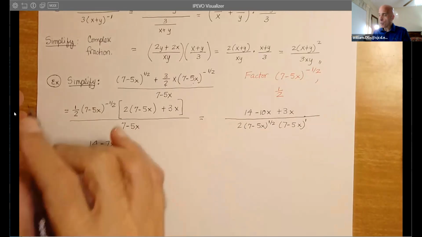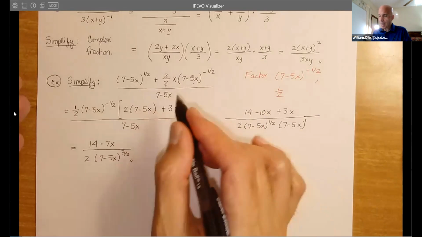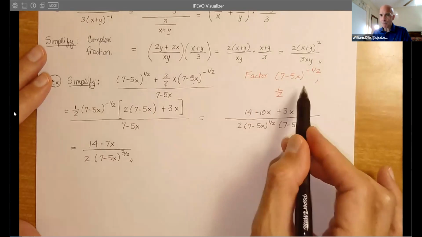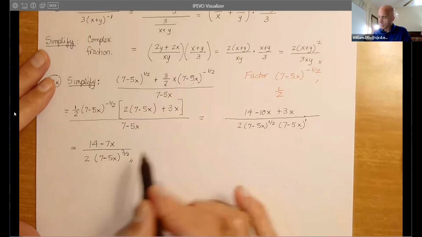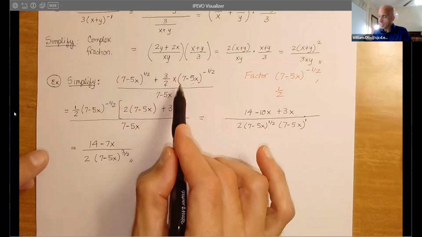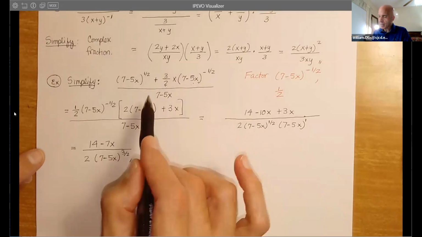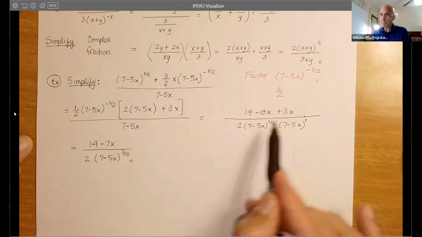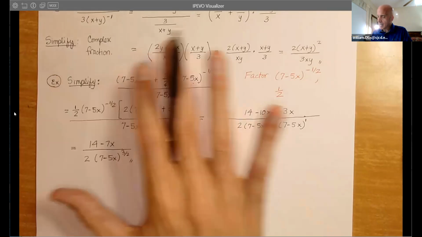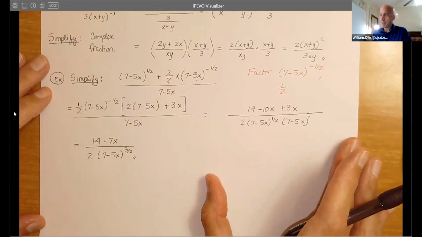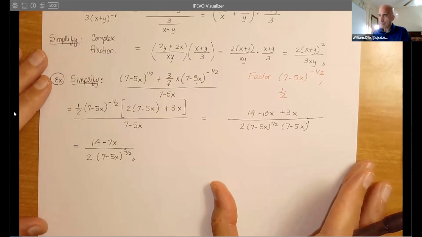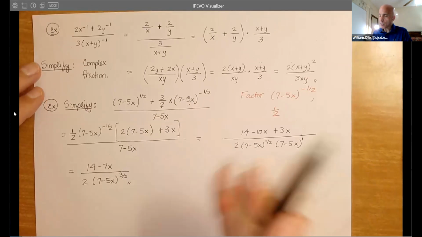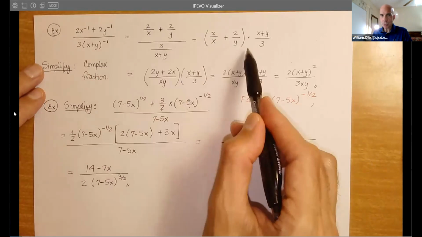And even though it takes a little bit of time to get used to factoring the negative power, look at the payoff. Look how clean it is. Again, you can get a common denominator and do that, but this accomplishes the same thing in the same amount of steps or fewer. And it's clean and it's easy to check. So very easy to check. Notice here, if we want to just use the fractions, we can do that too.